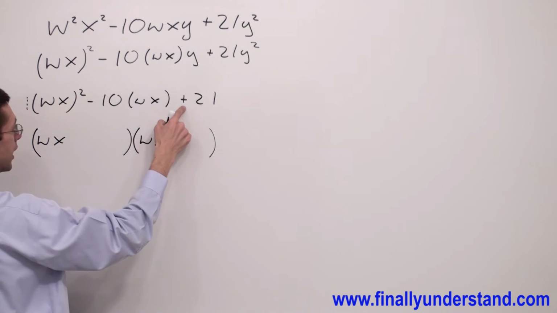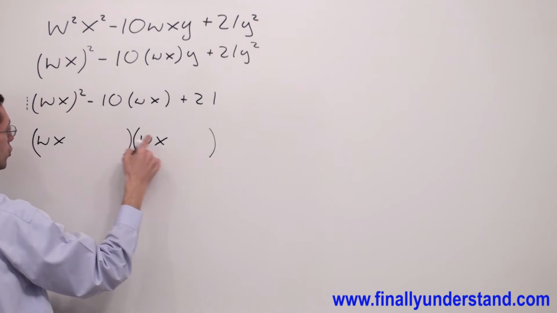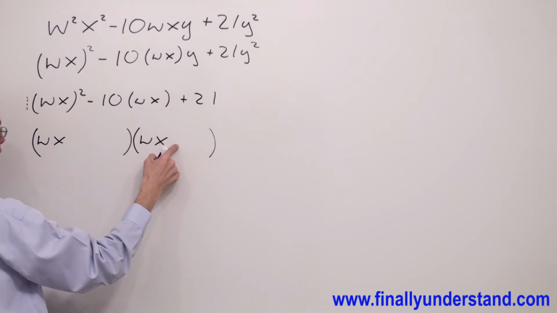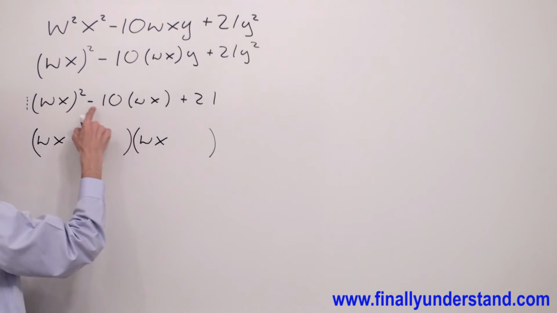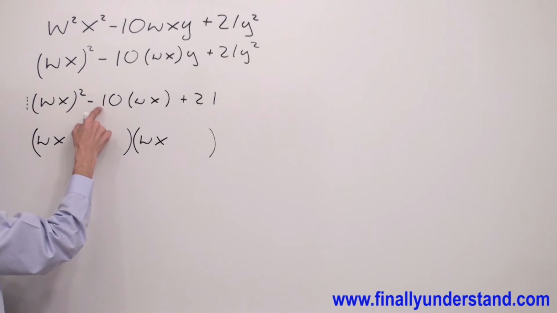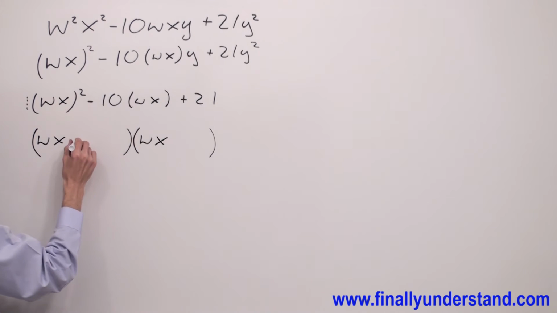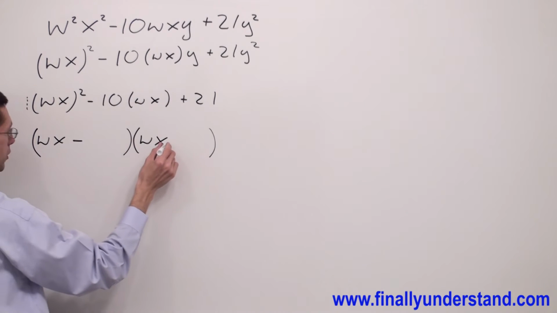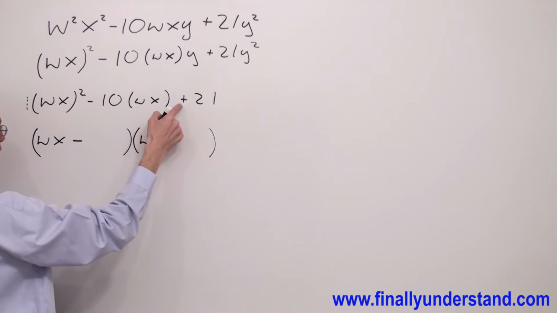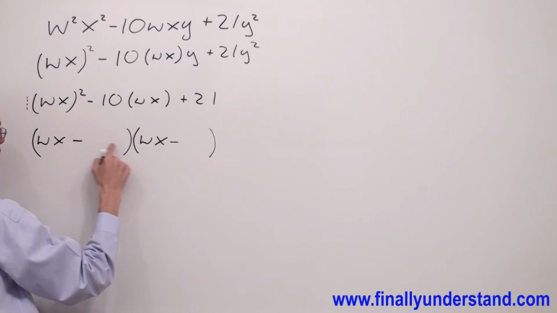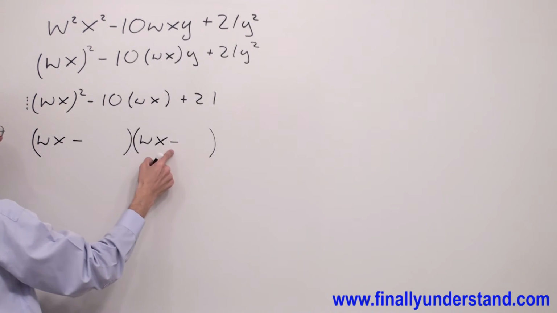The positive sign next to the third term is telling me that these two signs of the factors are going to be the same. And because I have negative sign next to the second term, my signs are going to be negative. They're supposed to be the same, and because this one is negative, both of them are going to be negative.